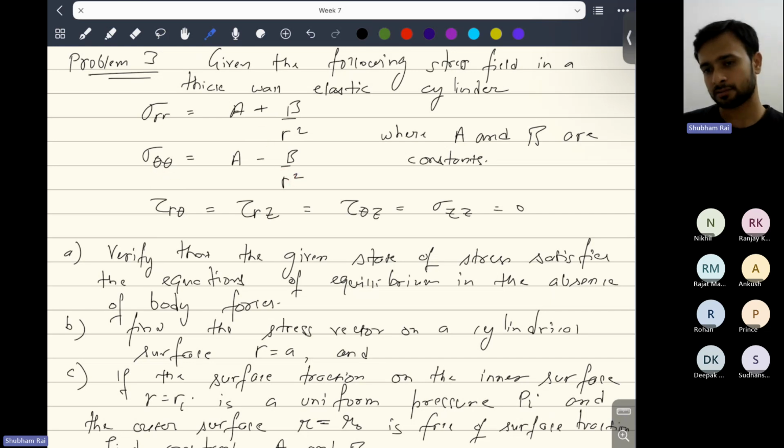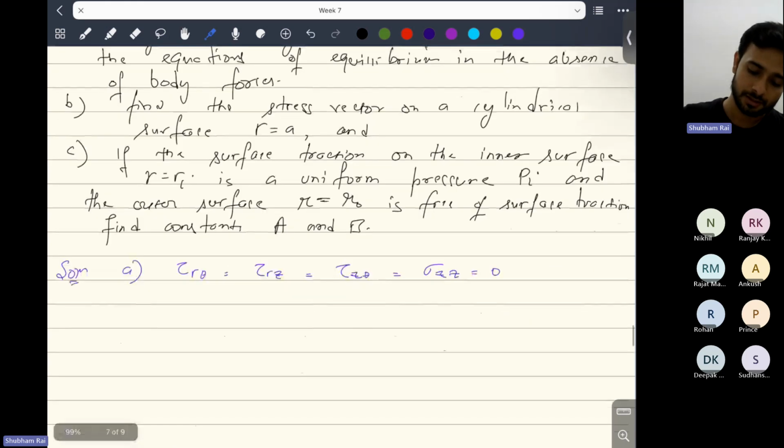So all the other stress equilibrium equations are already satisfied other than the equilibrium equation in r direction. The equilibrium equations in theta and z direction are already satisfied because all the terms are zero and none of the terms are functions of theta and z. So we only need to satisfy stress equilibrium equations in r direction. So let me do that.